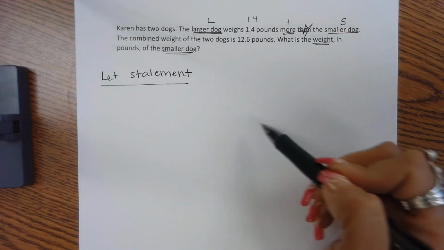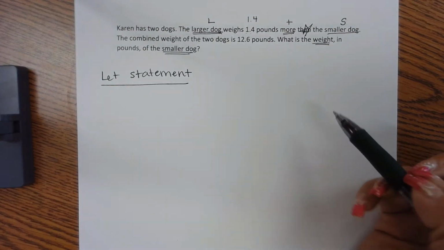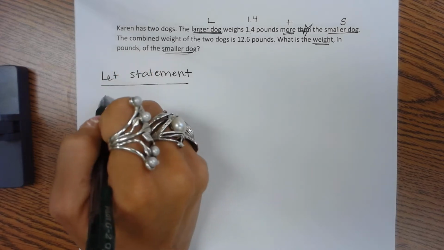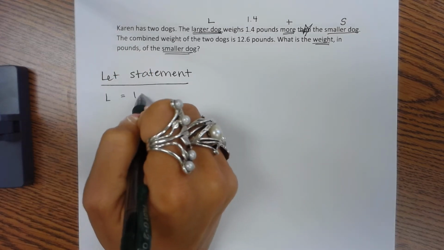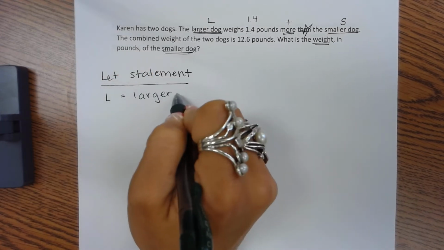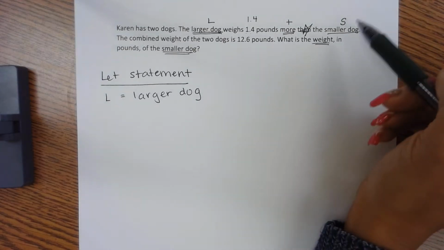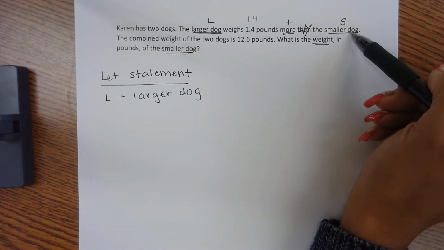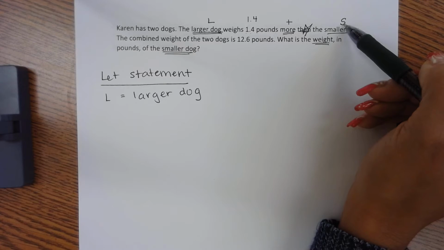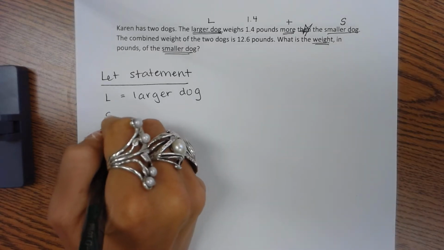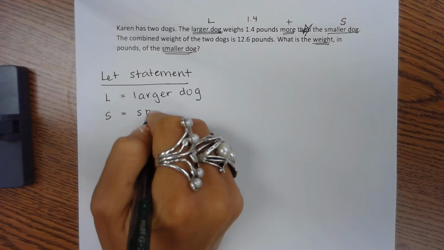So instead of writing larger dog throughout the entire equation, we're just going to write L. So L is our larger dog. And the smaller dog, we don't know its size, so it's an unknown. So S is going to equal our smaller dog.